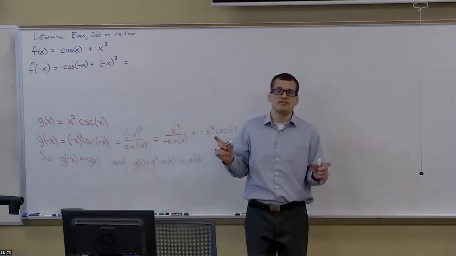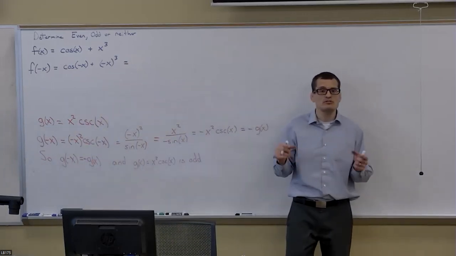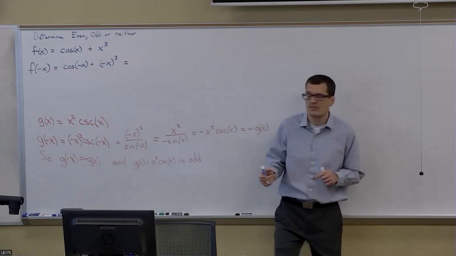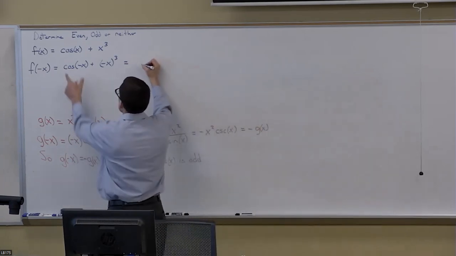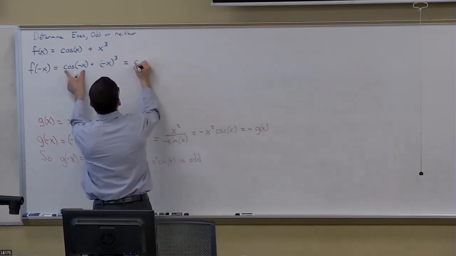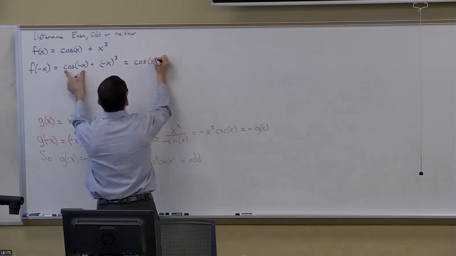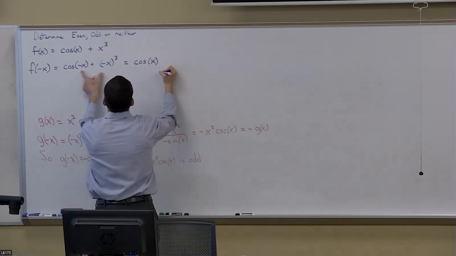Now, since cosine is an even function, cosine of negative x is the same thing as cosine of positive x, right?